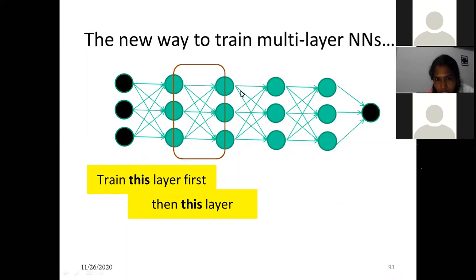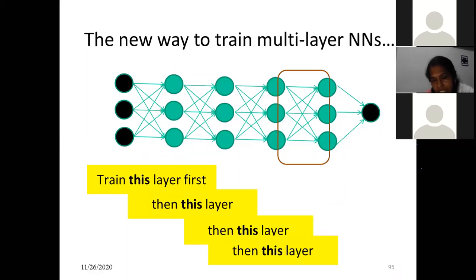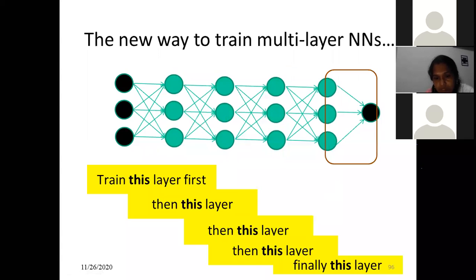This particular area is trained first, then we concentrate on the next layer, then the third layer, and finally the output layer. So individual priority is given layer by layer in deep learning techniques, whereas in a neural network it is a combined effort where we face some failures.